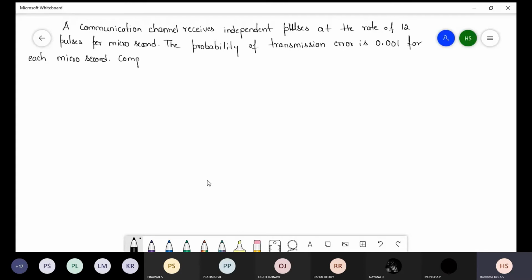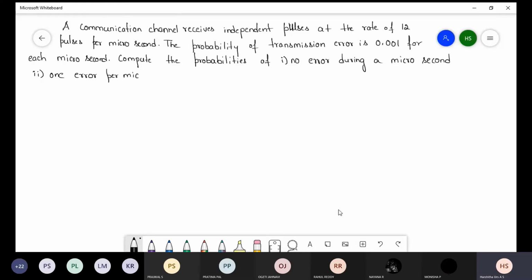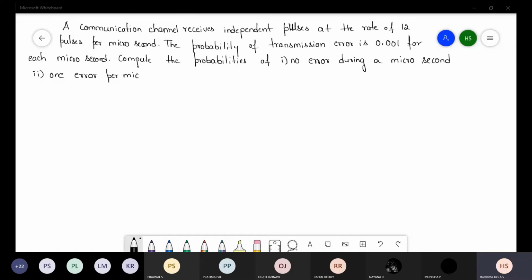Compute the probabilities of: first one, no error during a microsecond. Second one, one error per microsecond.